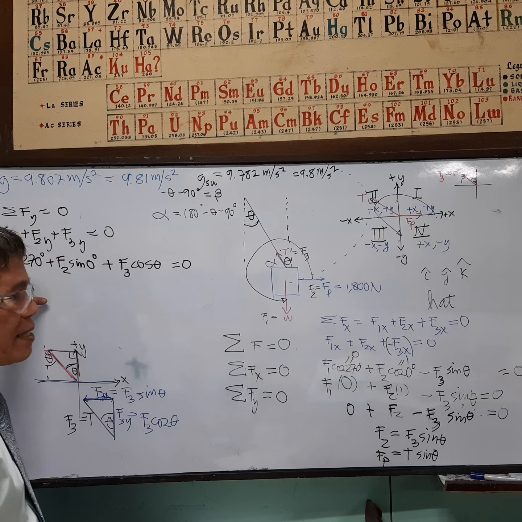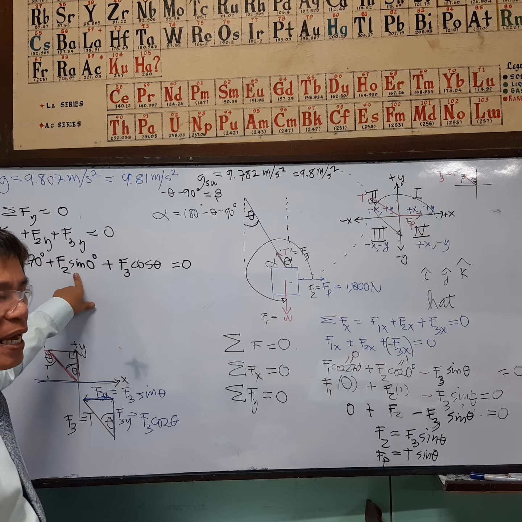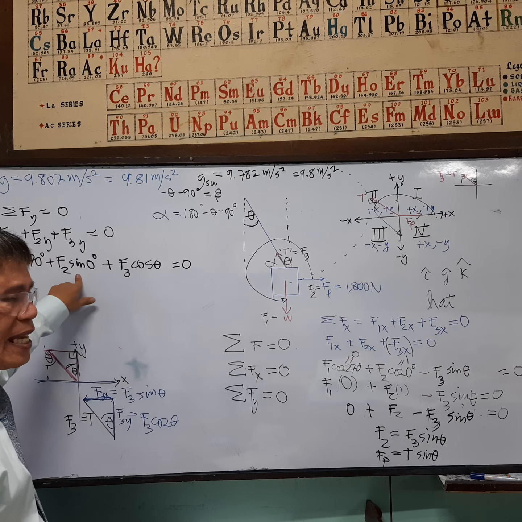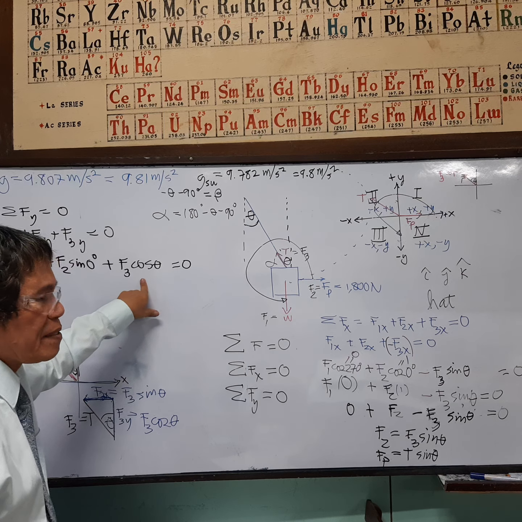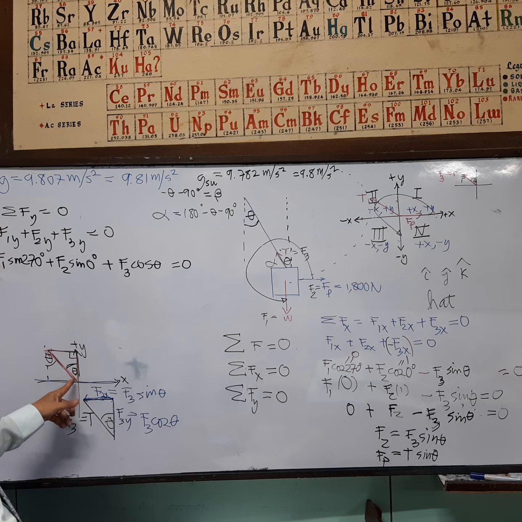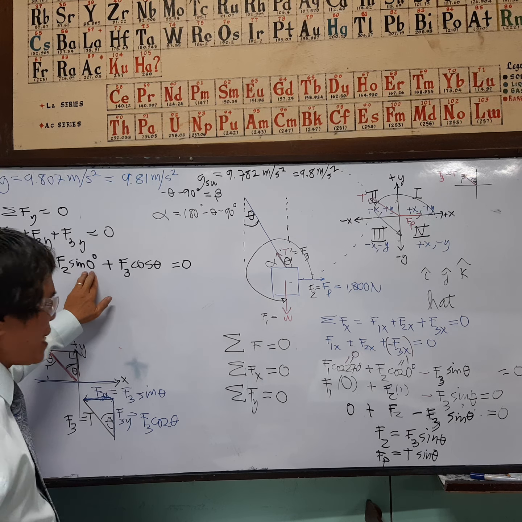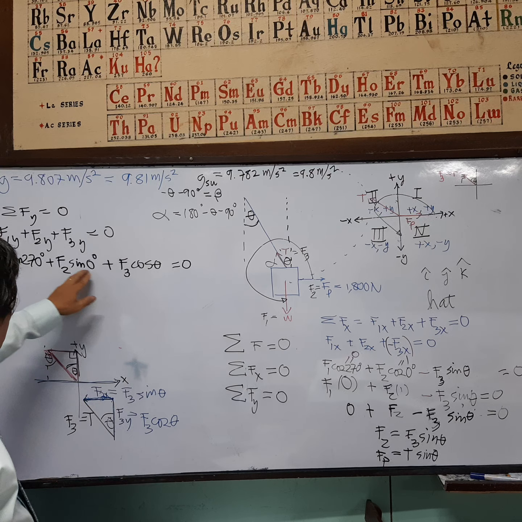If y component, angle taken from the x-axis, use sine. Cosine here because the angle is taken from the y-axis, not the x-axis anymore. 270 is taken from the x-axis, 0 is taken from the x-axis, so the y component there is sine.